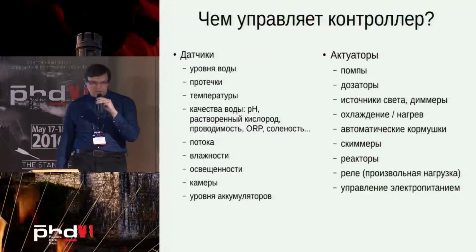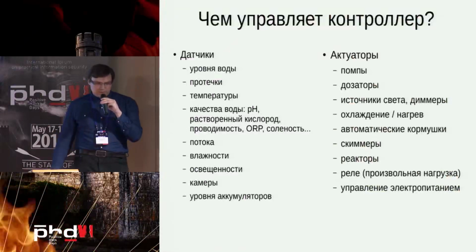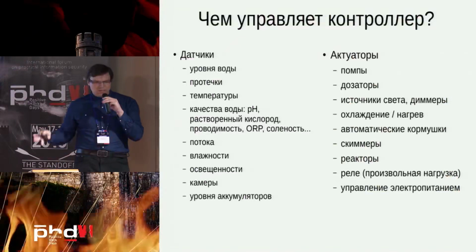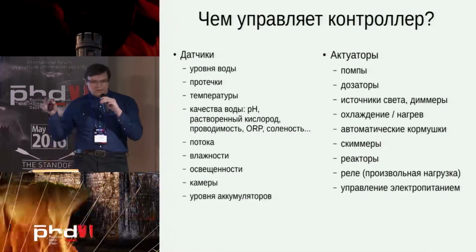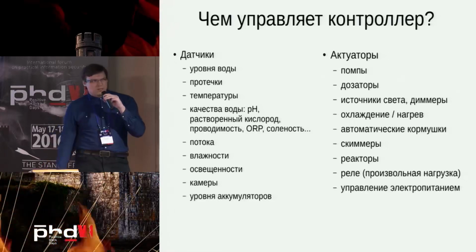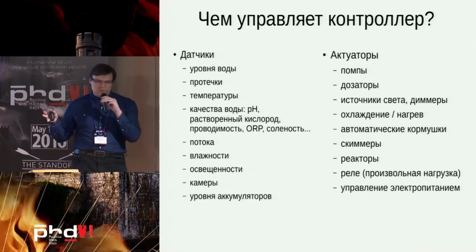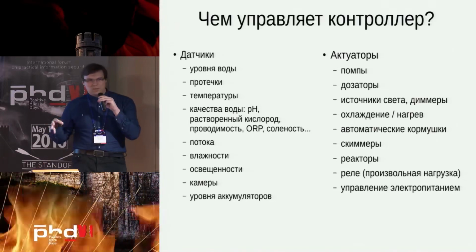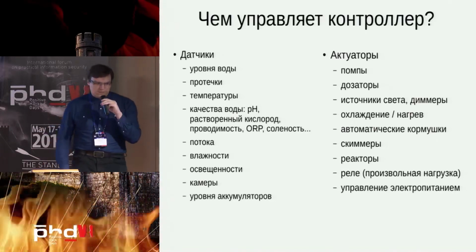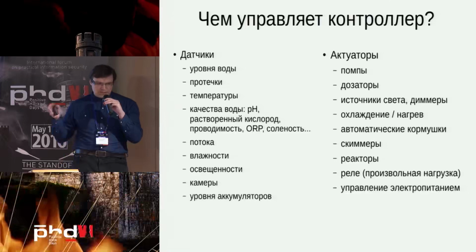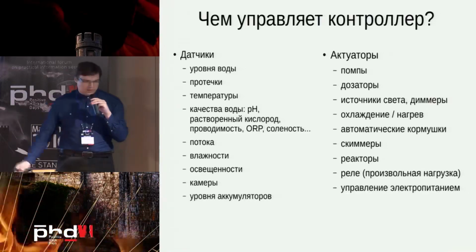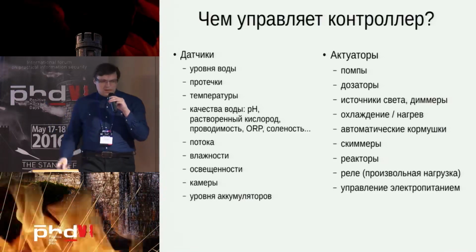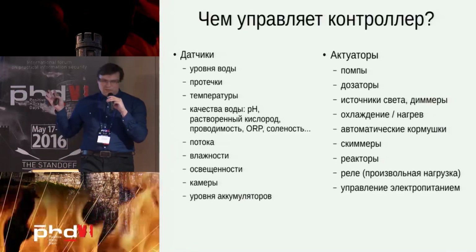Just a few words about what is controlled by controllers in such closed systems. There are a lot of sensors such as water level, leakage gauges, detectors, temperature gauges, water control gauges, which is very important for aquariums, for which it's crucial to be able to be in control of pH, dissolved oxygen, and so on and so forth.